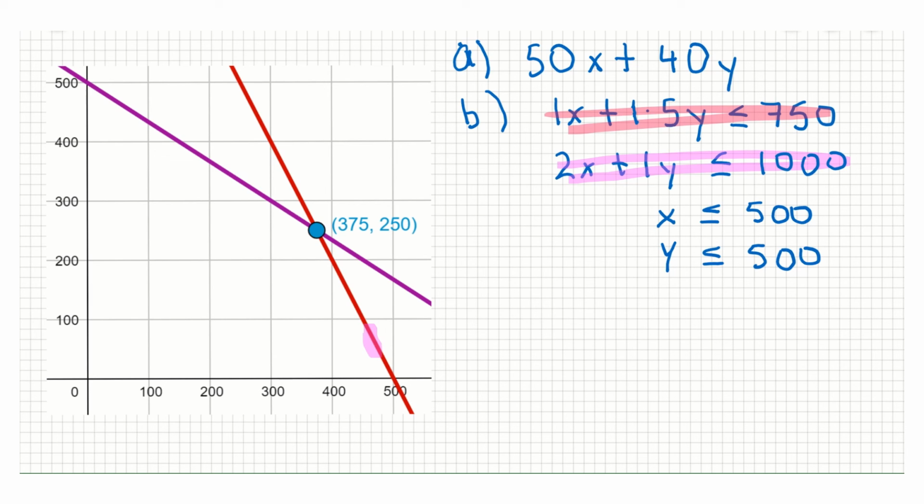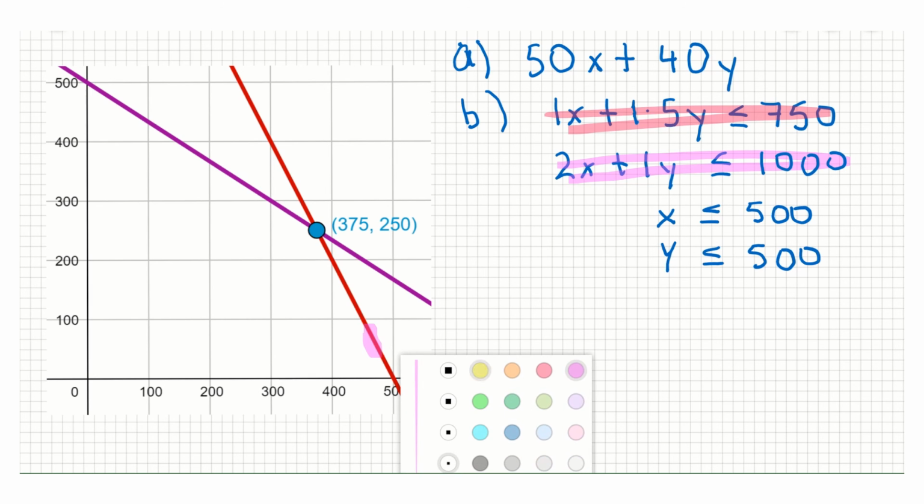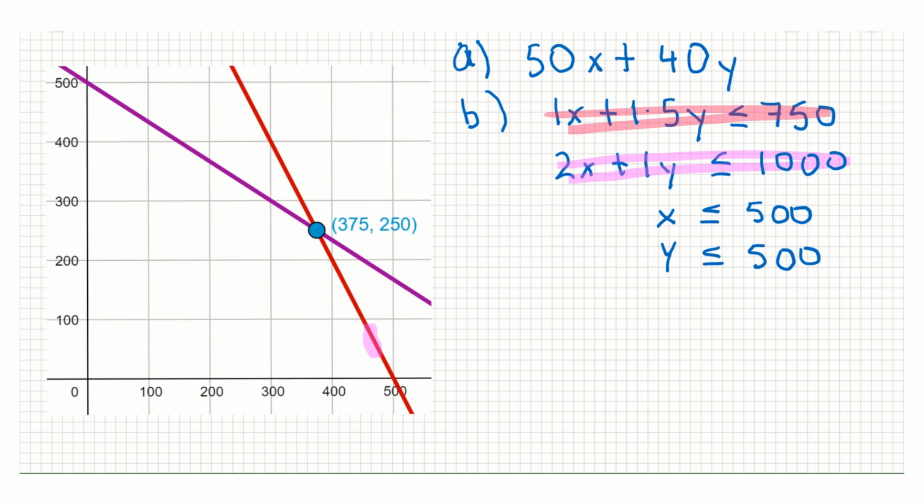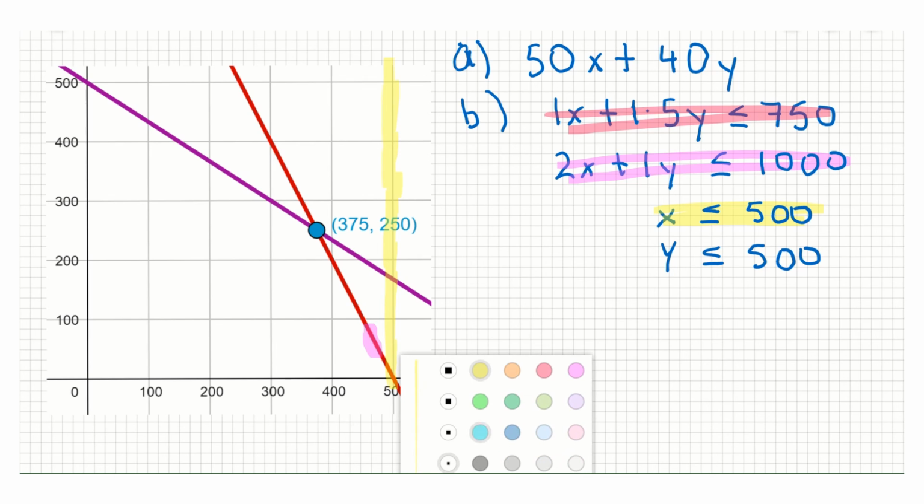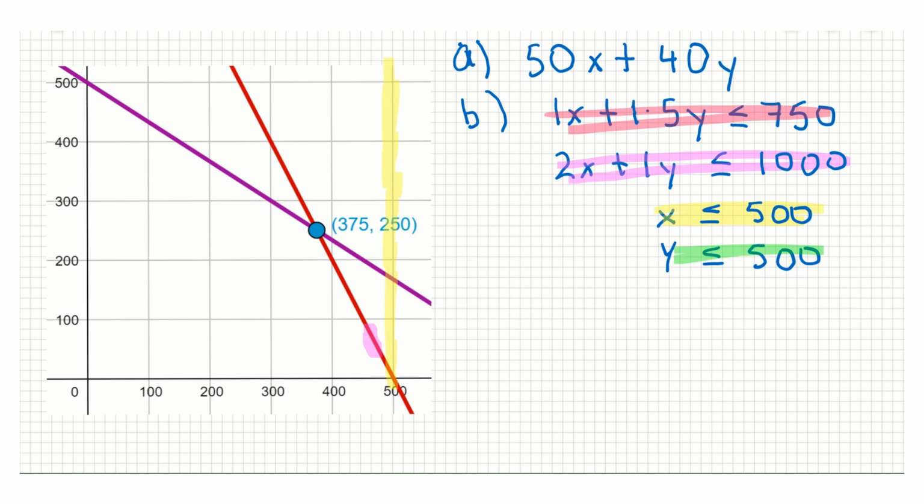So we also need to make a line for x less than or equal to 500. So that's this vertical line here. x is 500 all along there, and it really doesn't influence it too much. And then y less than or equal to 500 is this line here.